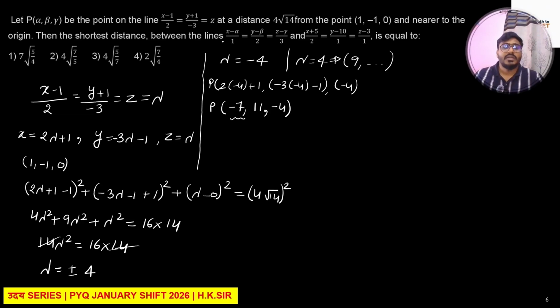Now they are saying x minus alpha by 1. So what is alpha? Alpha is this one, beta is this one, and gamma is this one.